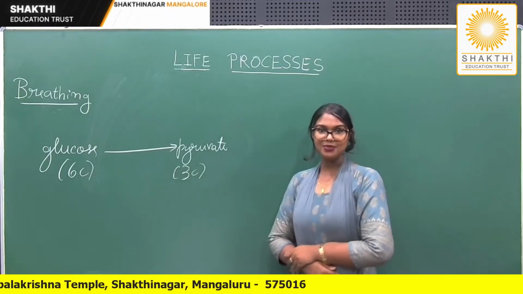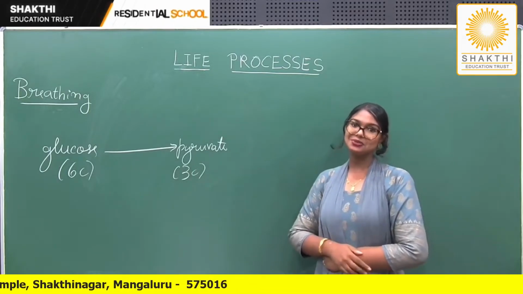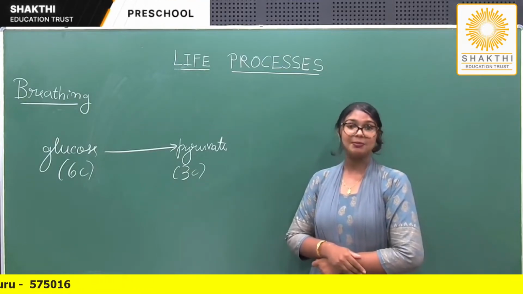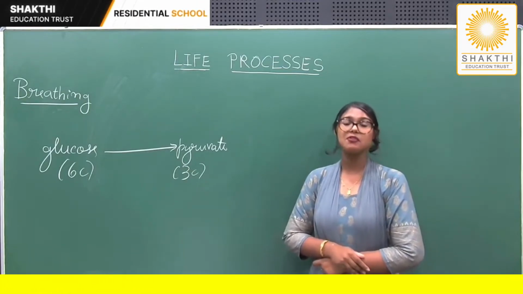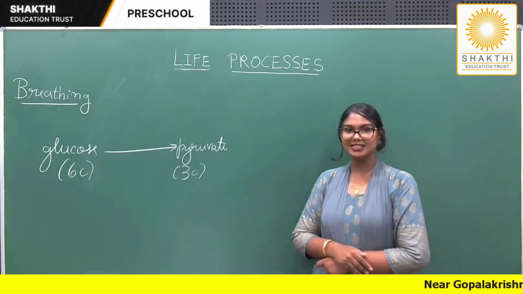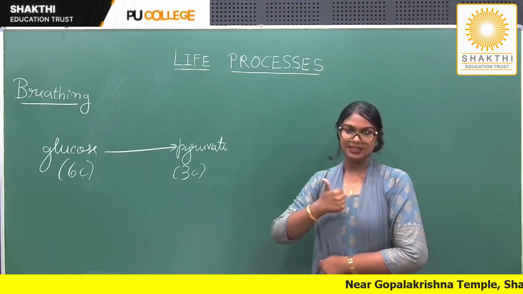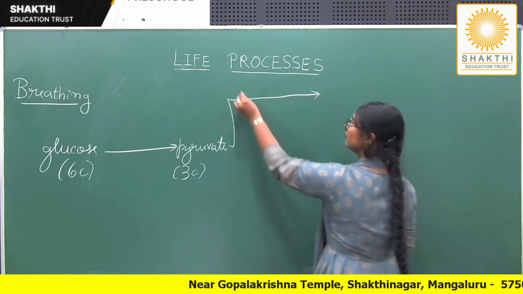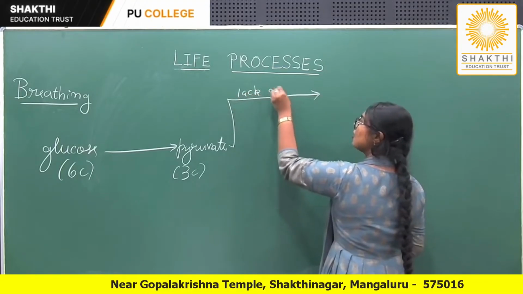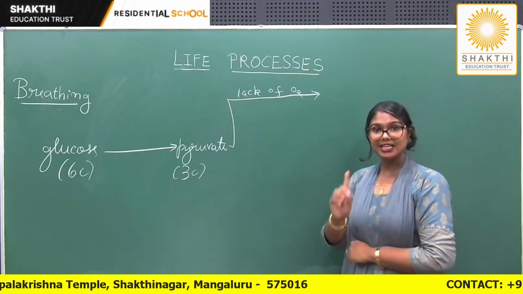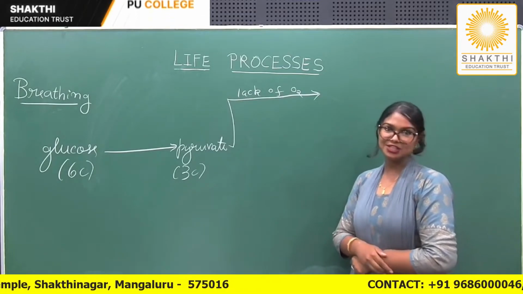Now this pyruvate has 3 options, students. It can undergo 3 different pathways based on the availability of oxygen. The 3 circumstances are, let us say there is no oxygen, that is lack of oxygen. The second circumstance is there is oxygen but it is deficient.